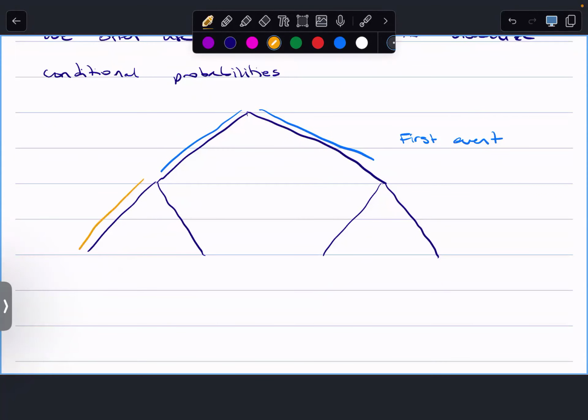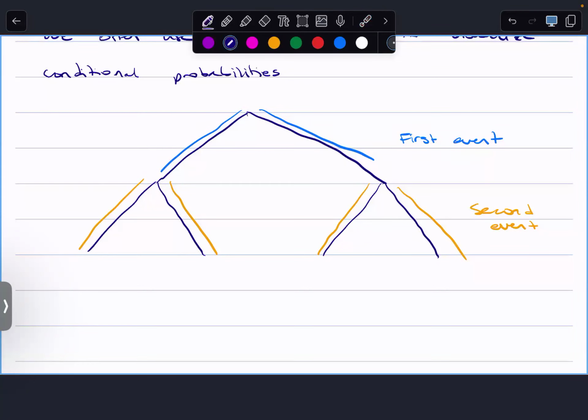Now, the second set of branches is the second event. Flipping a coin would be pretty boring, right? But you can figure out, okay, heads, tails, and then I could flip again, heads, tails, heads, tails. Those are independent events.